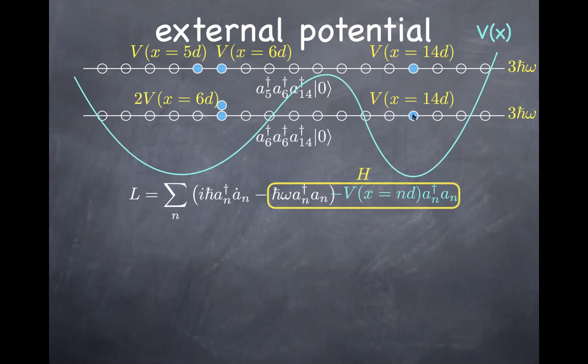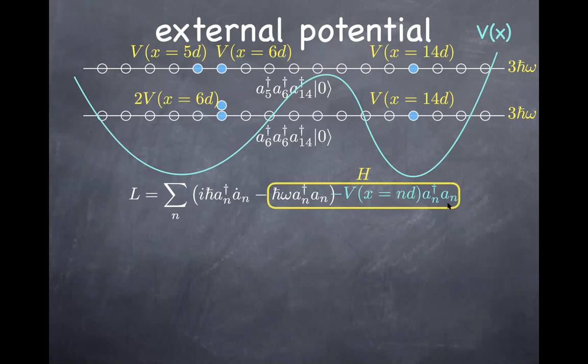So in this case, the total energy will be 3 h bar omega for creating 3 particles, plus V at position 14d for 1 particle, and V at position 6d twice for 2 particles that experience the same potential energy. So this Hamiltonian indeed correctly describes that situation as well.